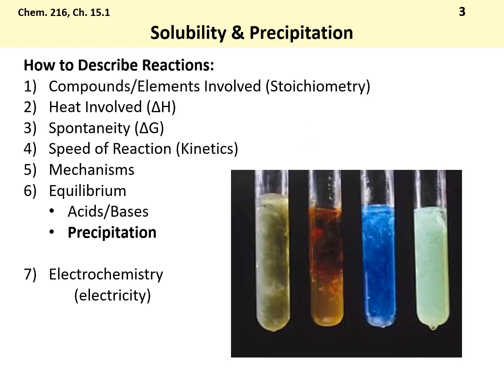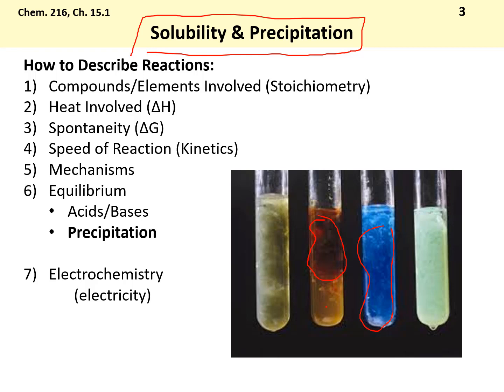Let's move on and let's talk about solubility. So we're going to talk about a special type of equilibrium, and that's solubility and precipitation. We dealt with this last quarter, in Chem 215, where precipitation is when we form a solid from a solution, right? We mix two solutions, and all of a sudden we form a solid.